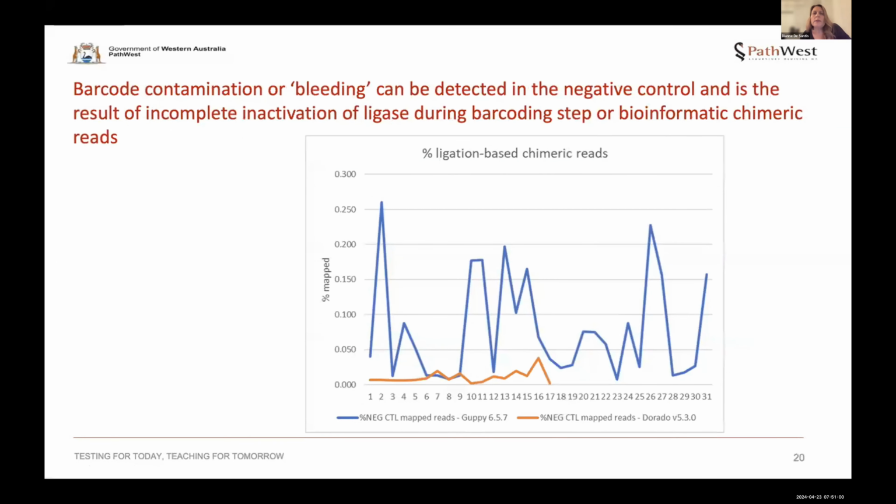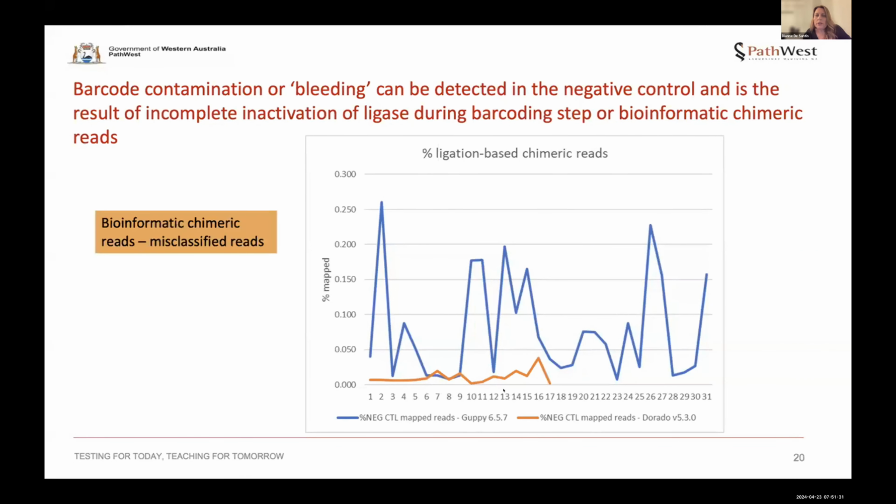In our lab, we started sequencing our negative control, and we started to see a little bit of barcode contamination, or what's known as barcode bleeding. And this is the result of incomplete inactivation of the ligase during the barcoding step, or bioinformatic chimeric reads. So shown here in blue is our negative control mapped reads with Guppy 6.5.7 base caller.